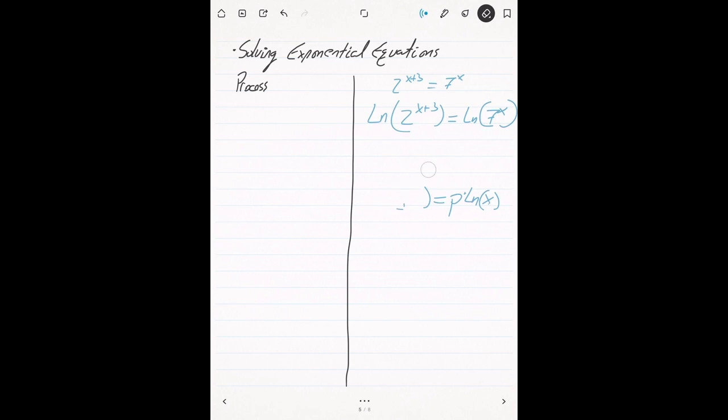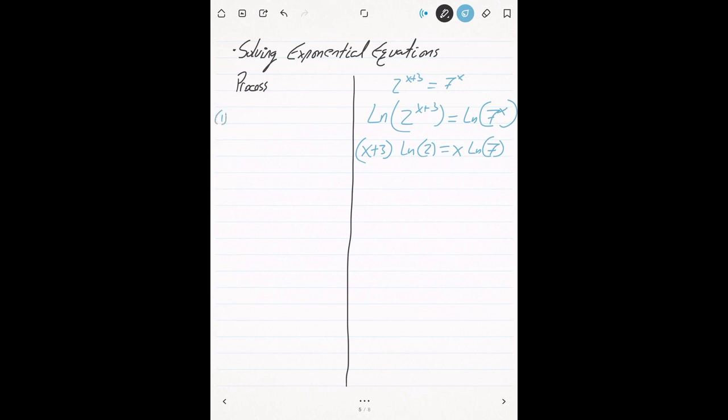So we're going to use that property right now. Let's go ahead and move the x plus 3 out front, and we're going to multiply that by the natural log of 2. And here, let's move the x out front and multiply that by the natural log of 7.